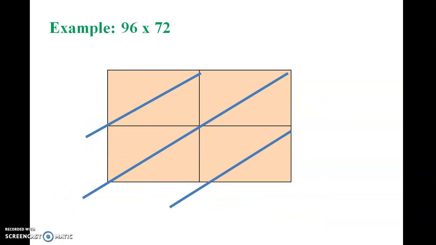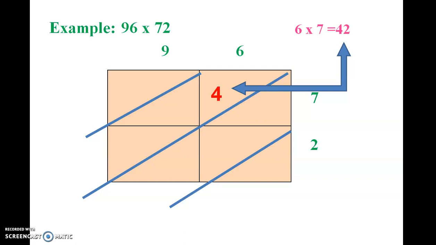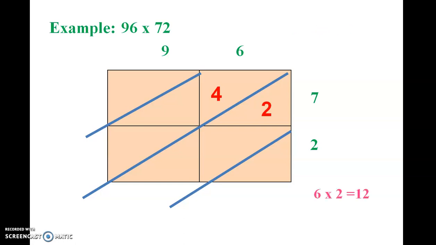Next example is 96 multiplied by 72. 96 at the top of the row and 72 on the side. Then we multiply 6 into 7 is equal to 42, 4 at the top and 2 at the low. Next, 6 into 2 is equal to 12.